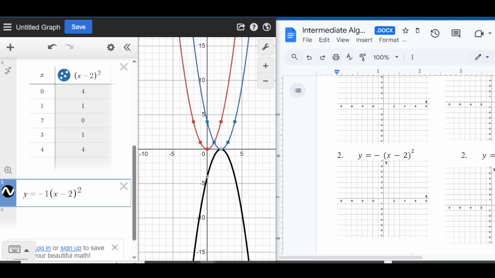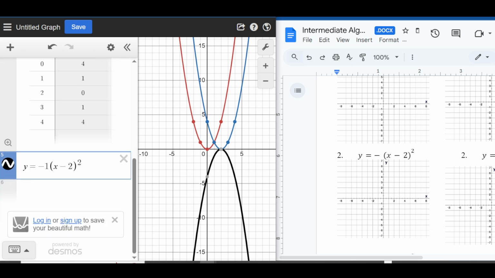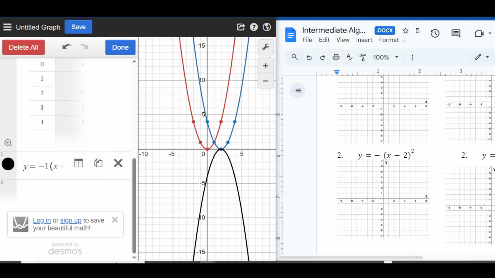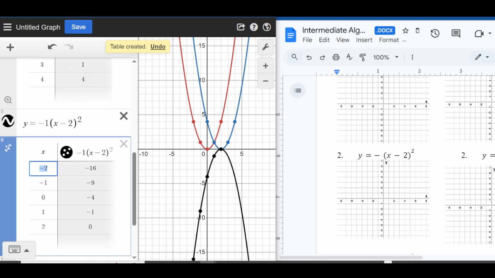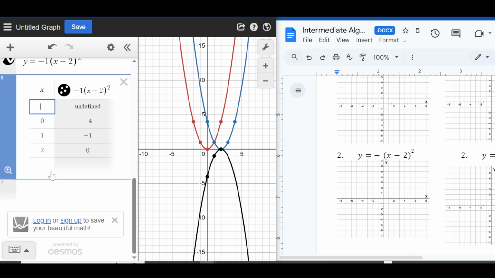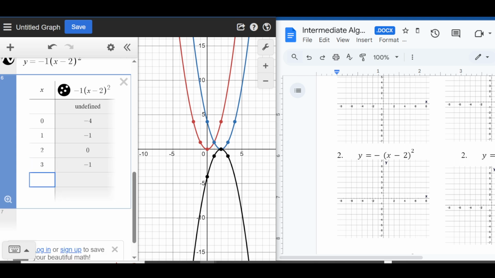And what about my values? Let's see, my table values. Let's go get some table values. I see the -4, -1, 0. That's kind of the pattern that we had before. So I'm going to get rid of these first ones. I don't need this. And I don't need that. And let's put in 3 and 4. Okay. I like this.